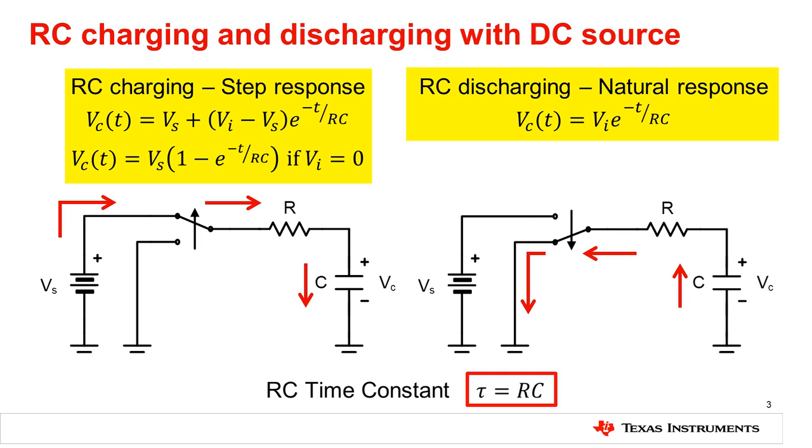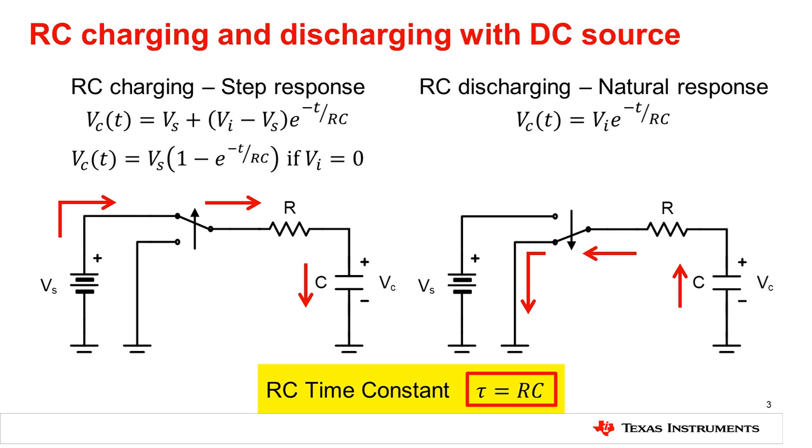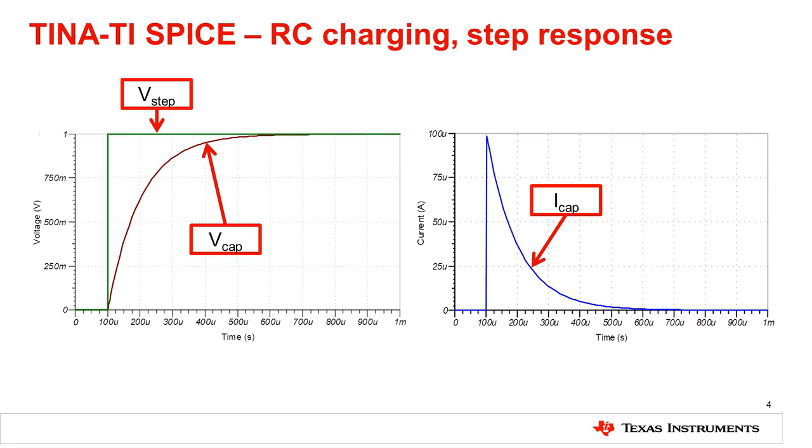Note that both responses are exponential and depend on the product of the resistance and capacitance. We refer to this important product as the RC time constant of the circuit, and represent it with the Greek letter tau. To gain a better understanding of these equations, consider these plots for a charging RC circuit.